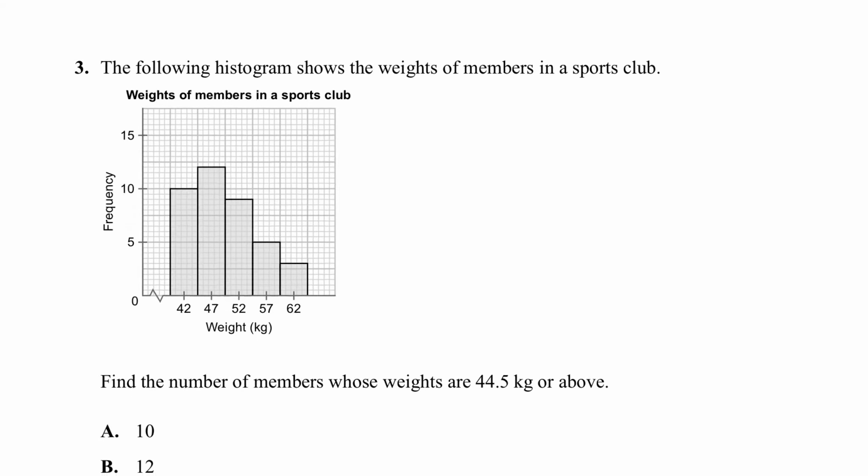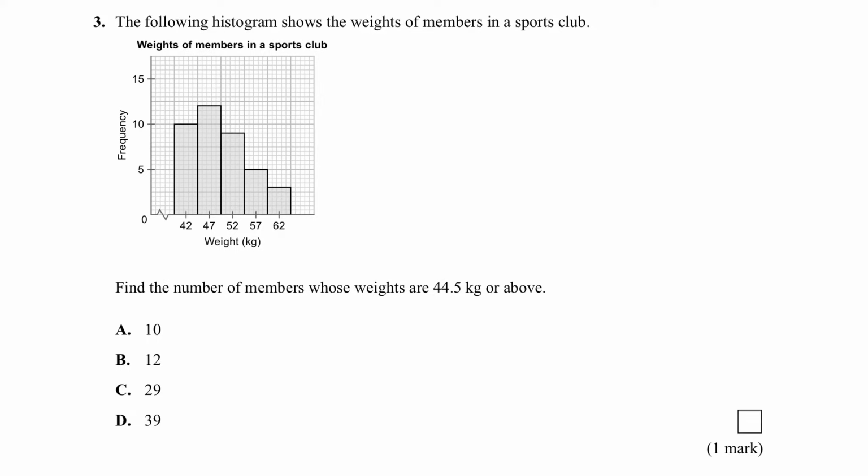And then for this one, you would like to find out 44.5 kilogram or above. So that's why now you know this is what I've told you, the class mark. From the class mark, you can find out this one. When you add them together and then divide by 2, you have 44.5.